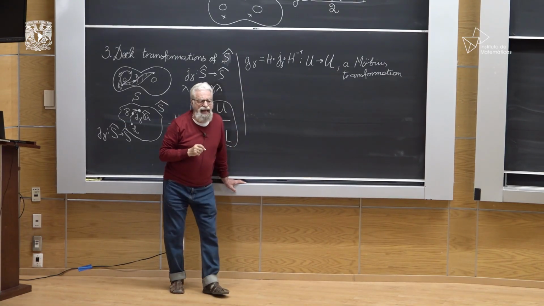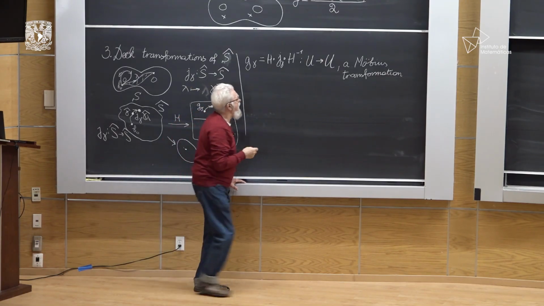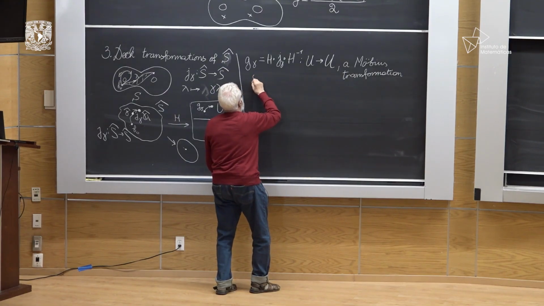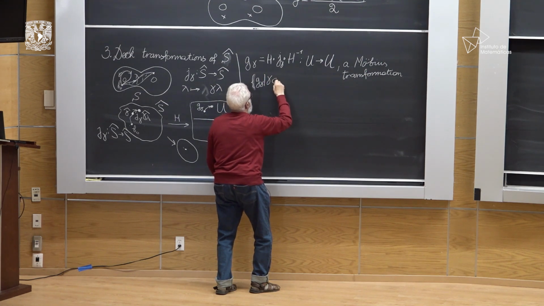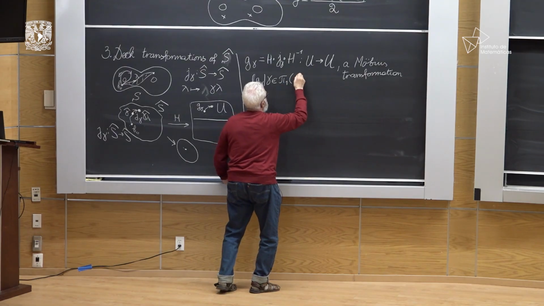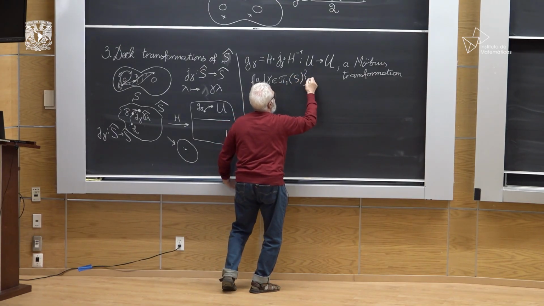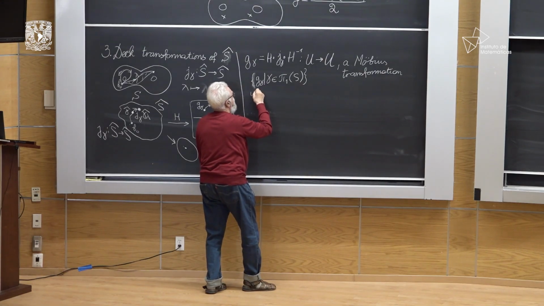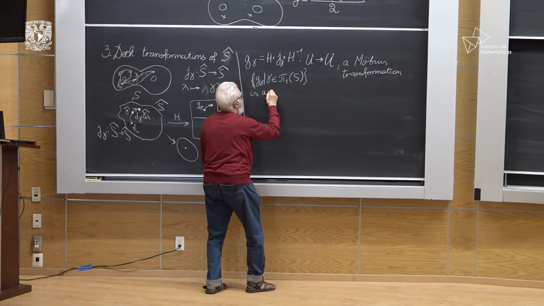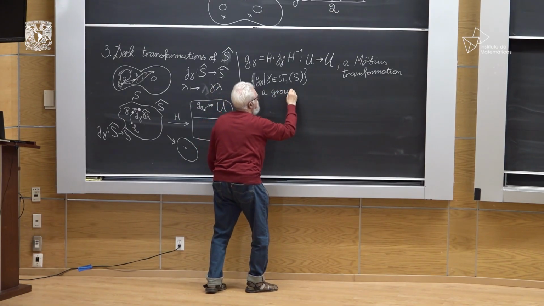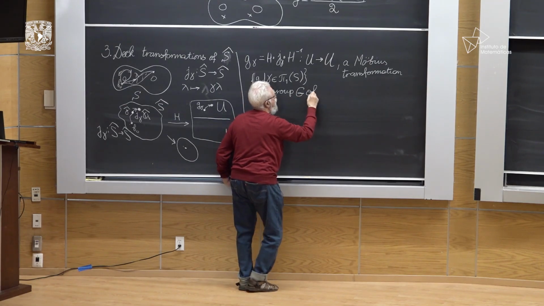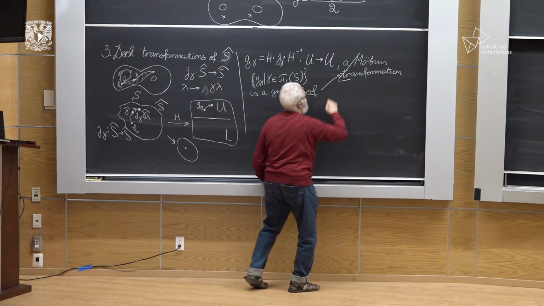So any compact Riemann surface generates a group of Möbius transformations: the set of G gamma, for which gamma are elements of the fundamental group of S, is a group G of Möbius transformations.